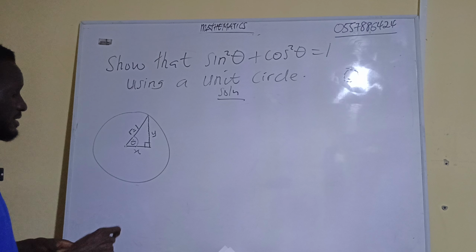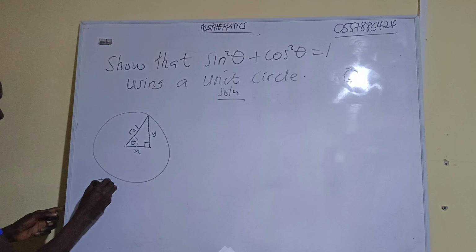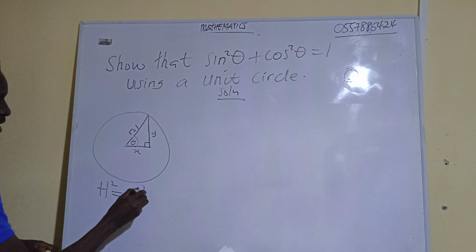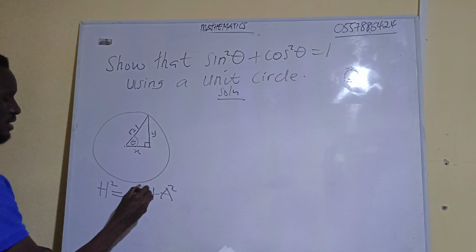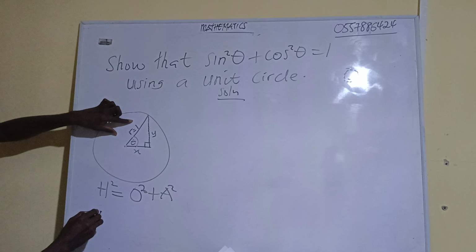Now, if this angle is theta, then let me use the same thing. Hypotenuse squared is equal to opposite squared plus adjacent squared.